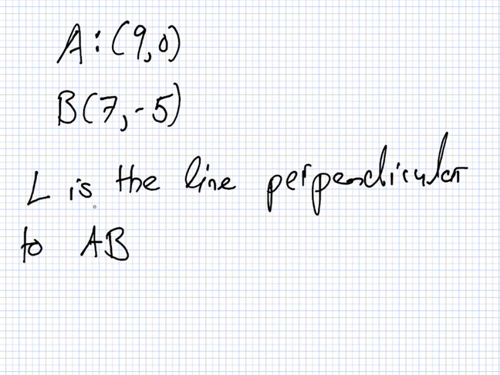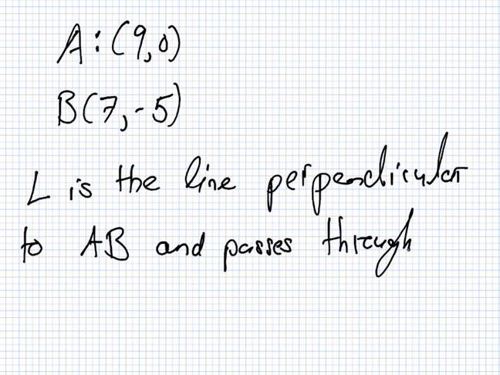AB means from A to B, this line. L is the line perpendicular to AB and passes through A. So I would like you to find the equation of L. Find the equation of L. So try it and then I'll do it.